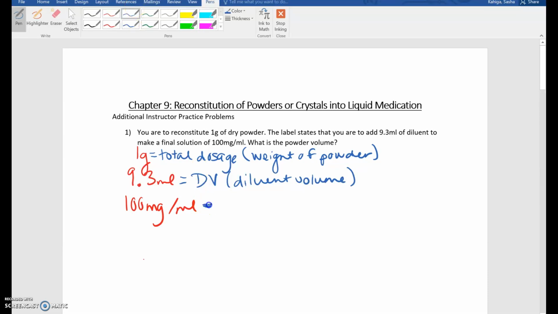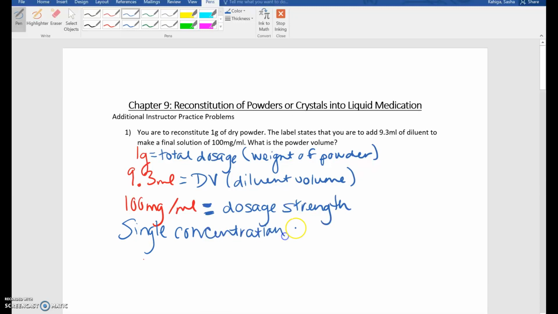That is considered your dosage strength. And because you only have one dosage strength, this medication is considered a single concentration medication, because you're only provided one dosage strength.